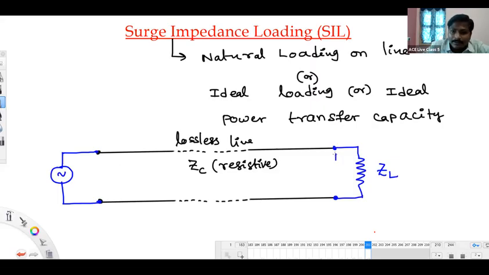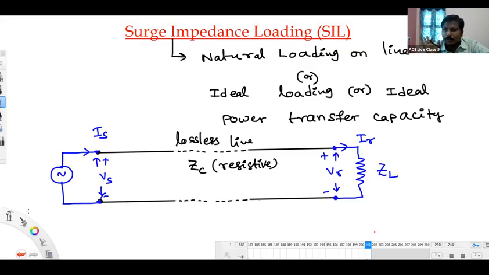I will show the receiving end voltage VR and receiving end current IR. Similarly, sending end voltage Vs and sending end current Is. These are the notations. To match the load impedance exactly equal to surge impedance, I have taken ZL also in the form of a resistor.